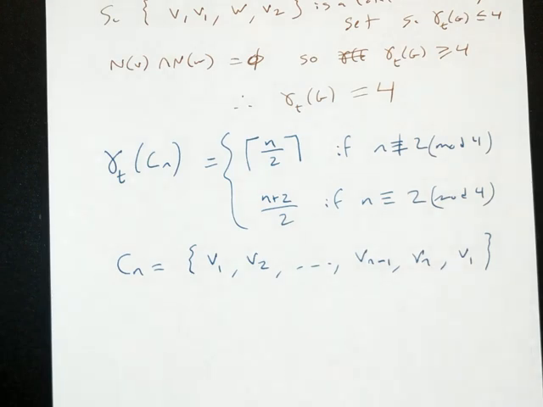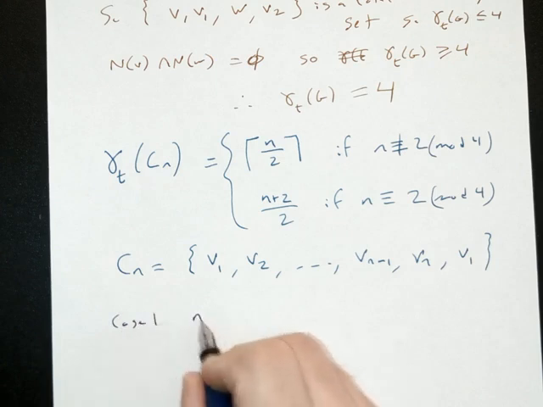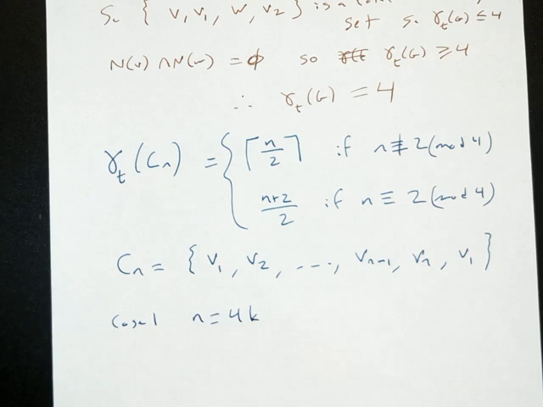This one's tight. So case 1, I'm congruent to 0 mod 4. I have groups of 4 with none left over. Well, then I can pick 1 and 2, skip 3, skip 4, pick 5 and 6. Why? Because 5 covers 4.